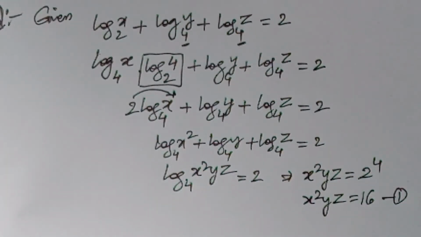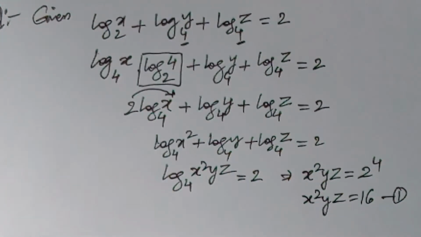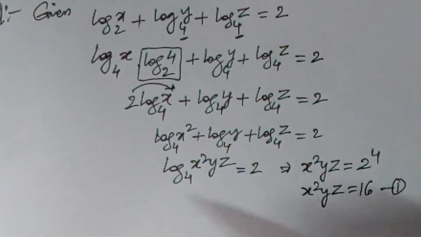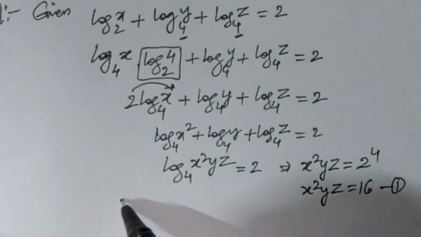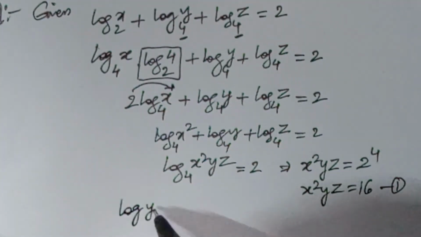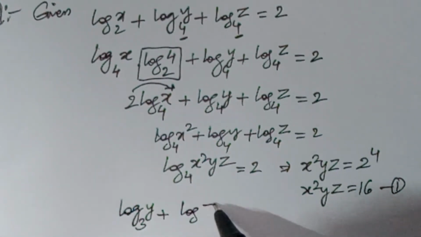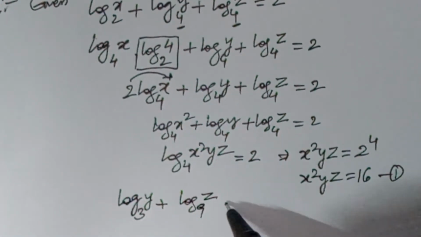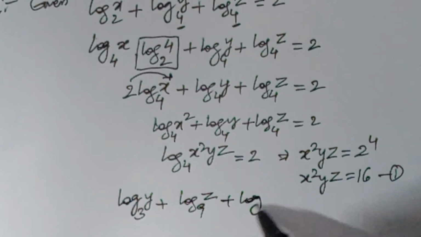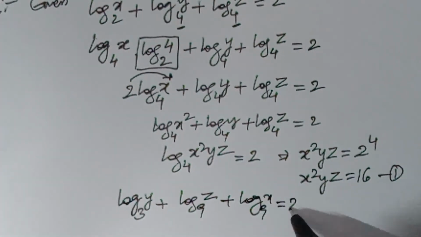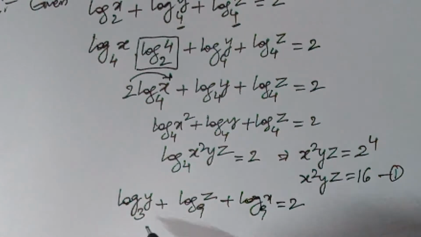In the same way you can do the second one also. Log y base 3 plus log z base 9 plus log x base 9 is equal to 2. So here you have to change the base.